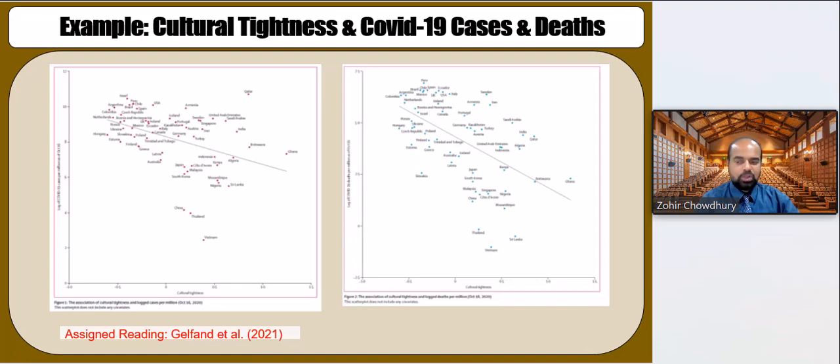So not all loose cultures did poorly, and not all tight cultures were successful at limiting cases and death during COVID-19. Yet this result shows that cultural looseness can be a liability during collective threat.